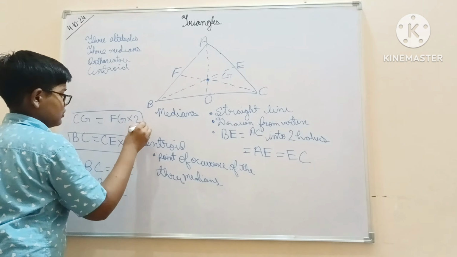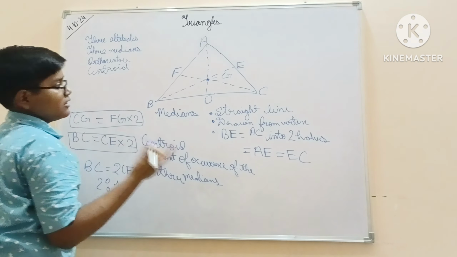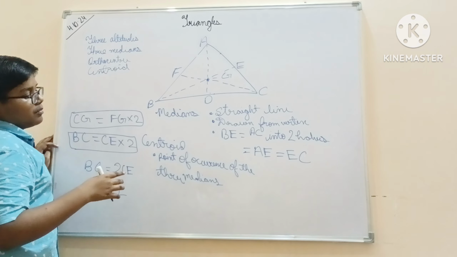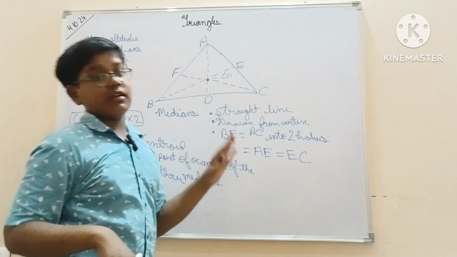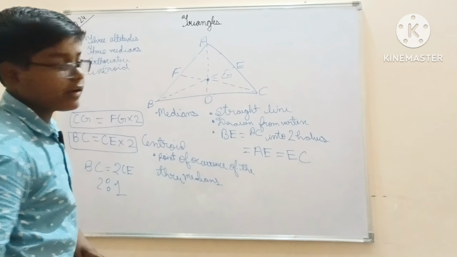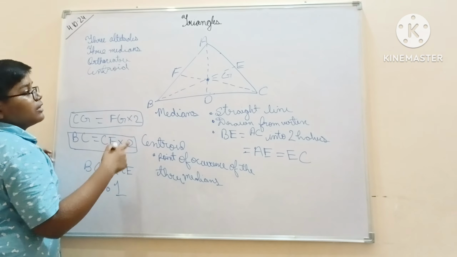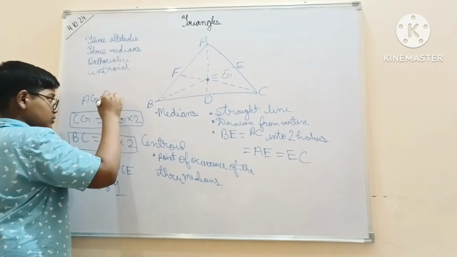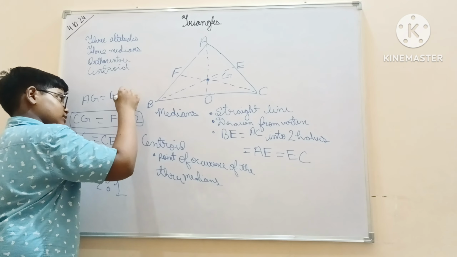We can write it as 2FG also. There is a rule in the medians, but there is no such rule in the altitudes. The altitudes will only be considered altitudes as they form a 90-degree angle. Now we can write with AG also. AG is equal to GD into 2.